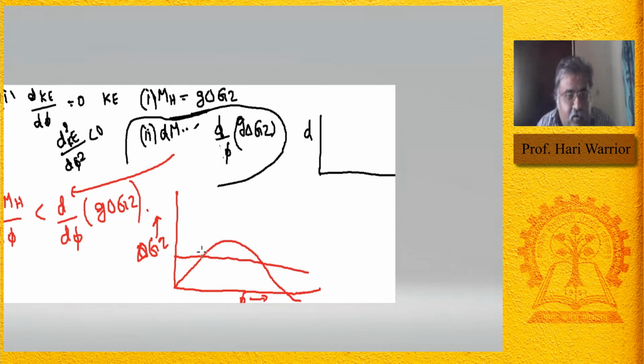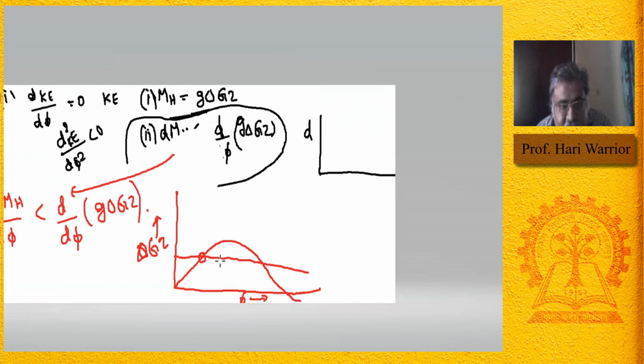Okay. Now let us take this position of equilibrium. At this position of equilibrium, let us see d by d phi of MH. This is MH. D by d phi, as phi increases, the change in MH. And this is d by d phi of G delta Gz. So as phi increases, you see that this one is bigger than this one.